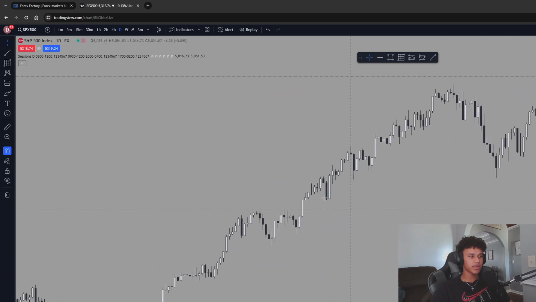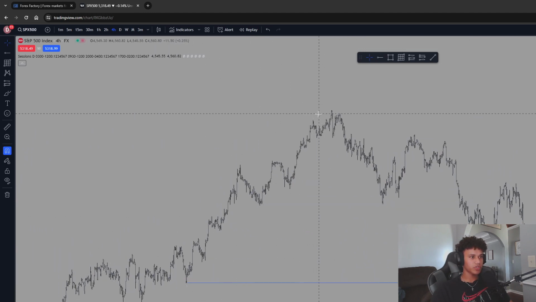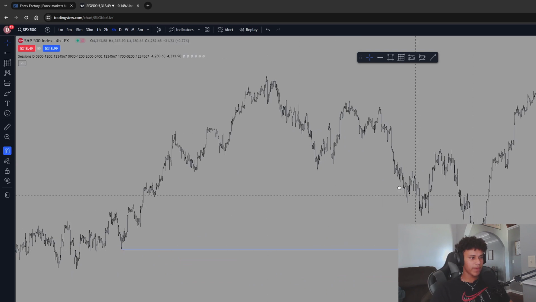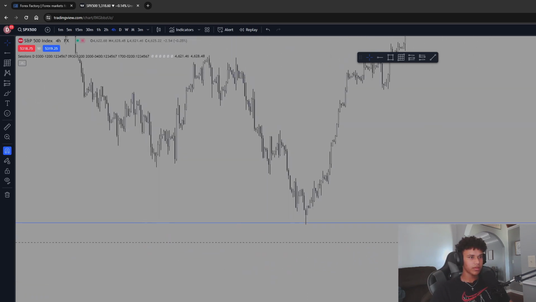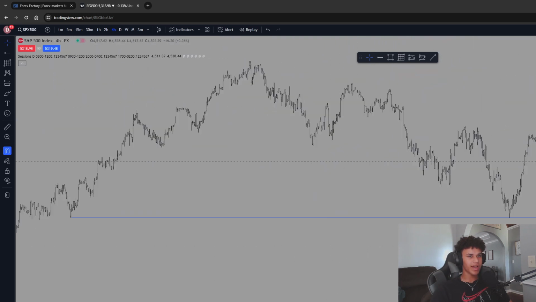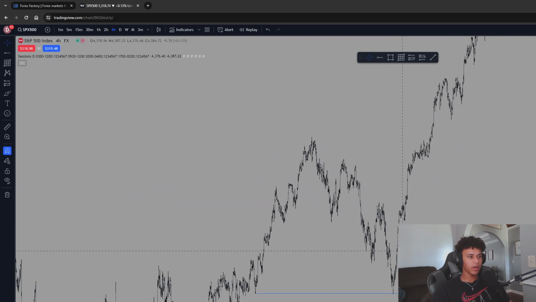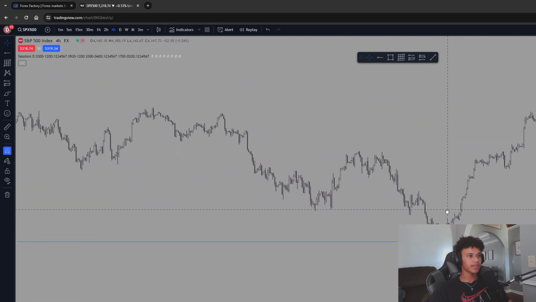So let's find a good example. All right, here's a good example. See how this area was a large push up, and then price came back down and went just below it. This caused a liquidity sweep, and you can see it just rallies from here all the way up. It doesn't even have to be a really big push up like this.